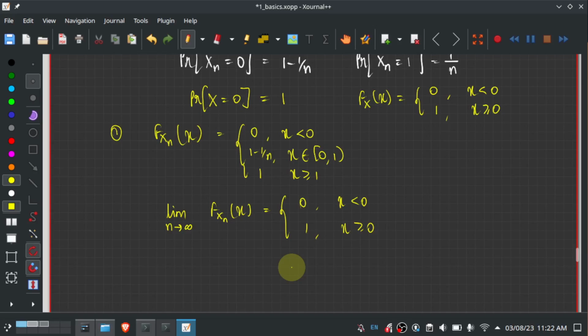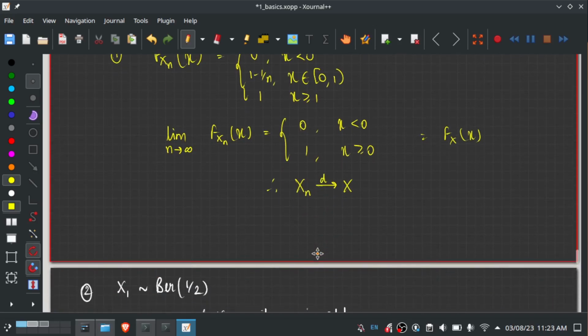Great. So we see that this is equal to Fx of x. So we can safely conclude that xn converges to x in distribution. We denote this with an arrow, and on top of it I write d for distribution. So this is one way in which xn converges to x.